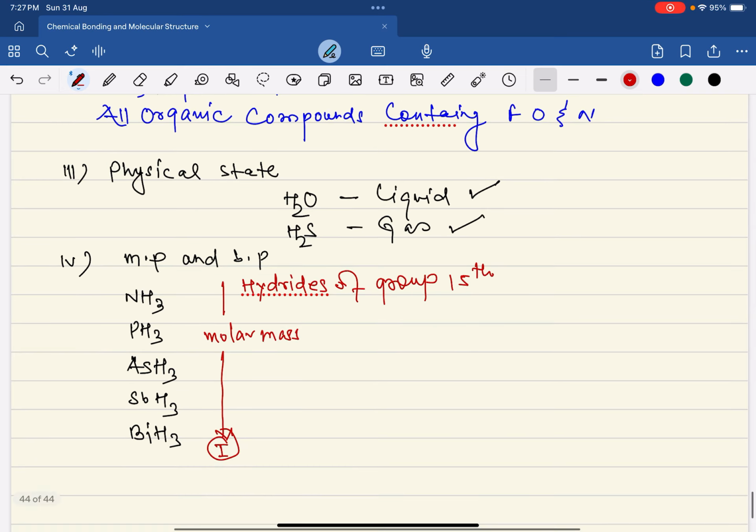When molar mass increases, van der Waals force of attraction increases, so melting point increases.